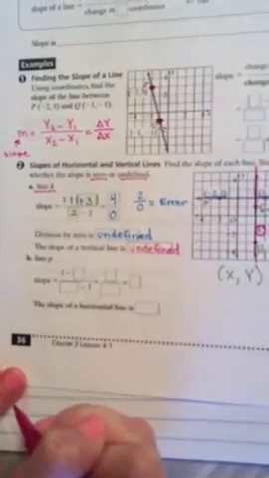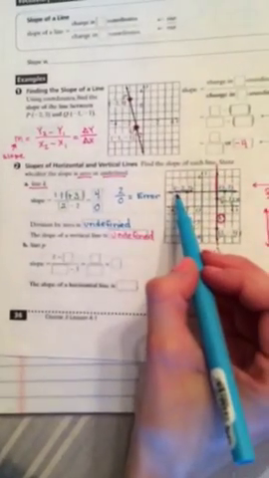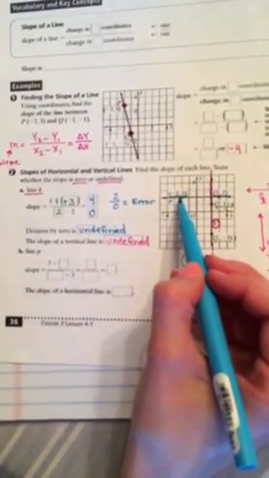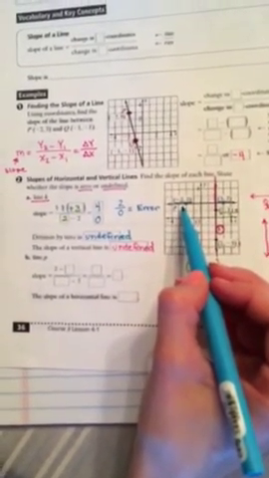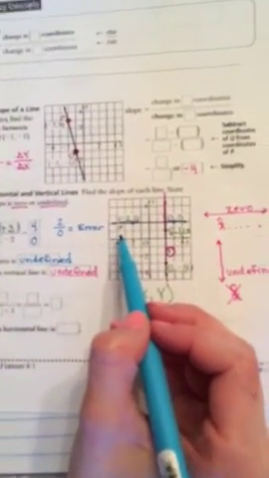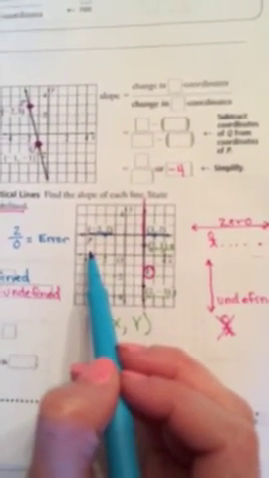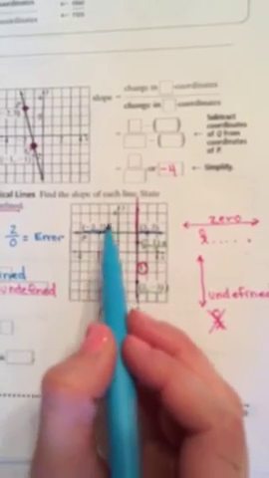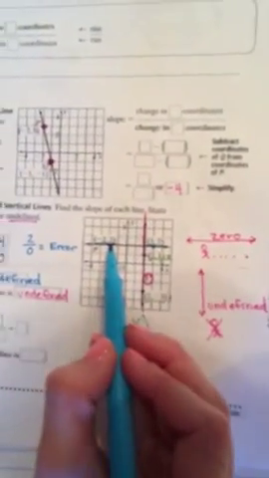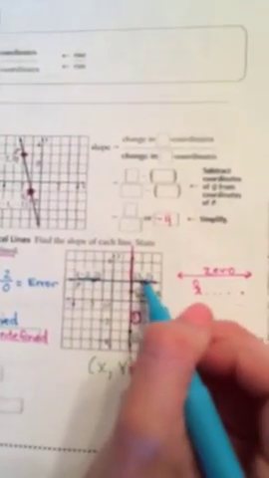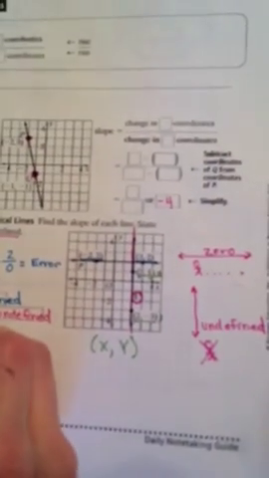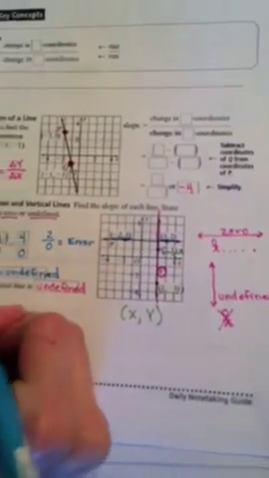Alright, let's take a look at the next one. The next one, I underlined the points in blue. Again, we start with our y's. It doesn't matter which one. I'm not really sure which one they started with, so we're going to go with this one here. So they did 2 minus, what's our other y value? 2. And then they did -2.